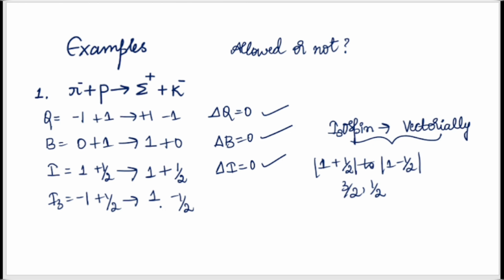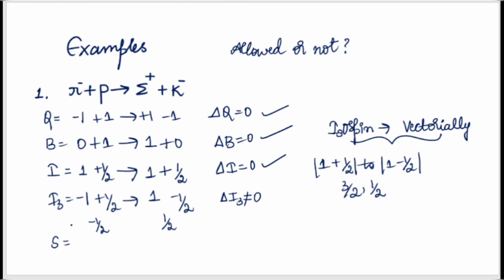Here minus 1 plus half will be minus half, and here 1 minus half will be half. So the third component of the isospin is not conserved.